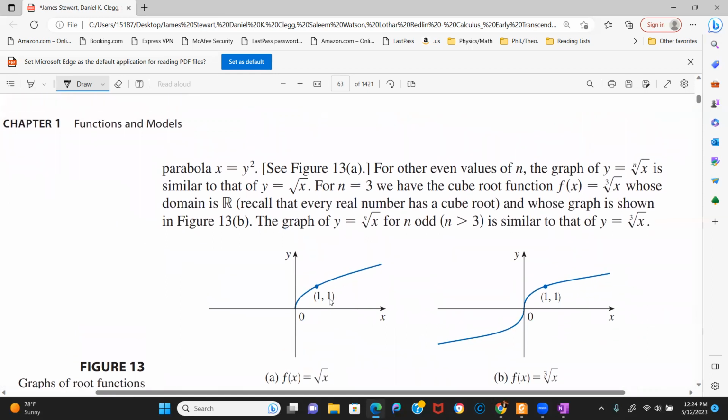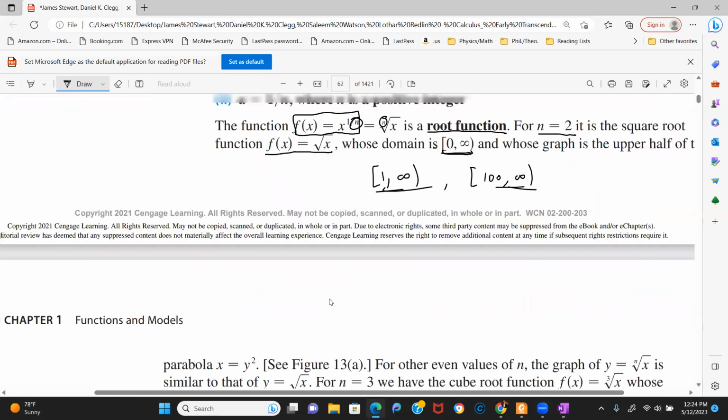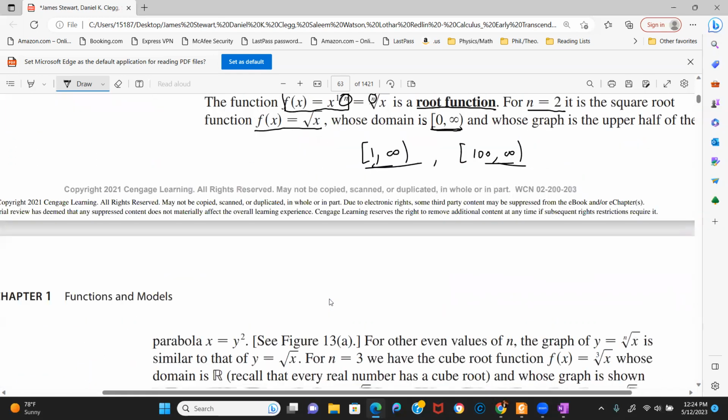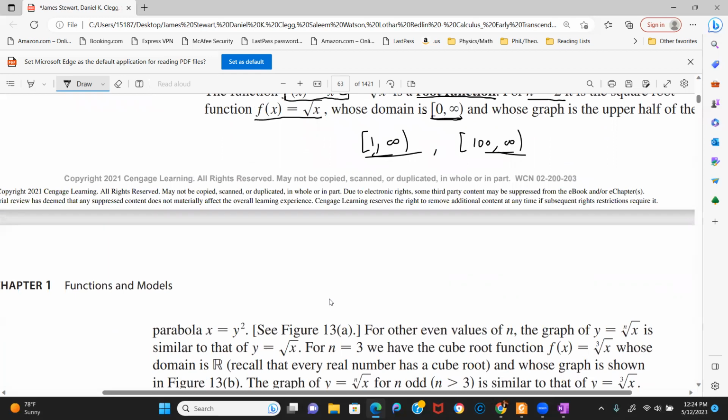All right, so now when you have, let's say, y is equal to the square root of x with x positive, if you square both sides, you get y squared is equal to x.